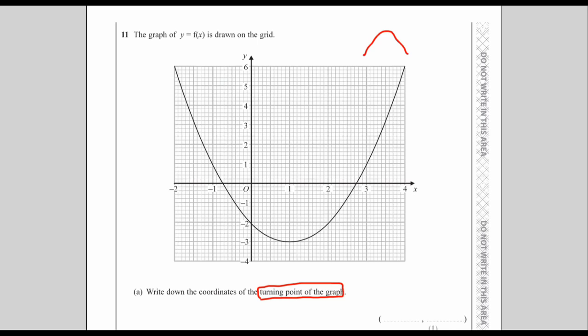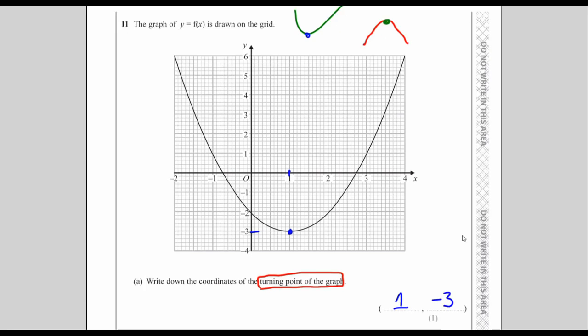Yeah? So this graph's turning here. This graph's turning here. This graph's turning here, you see? So the turning point, go along the corridor before up the stairs, or down the stairs in this case. So it's 1 across and 3 down, minus 3.